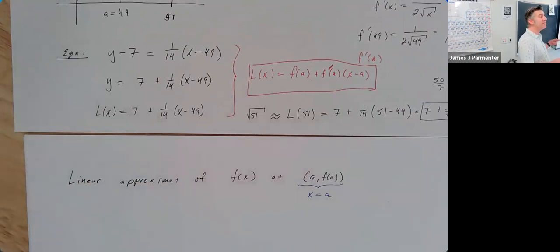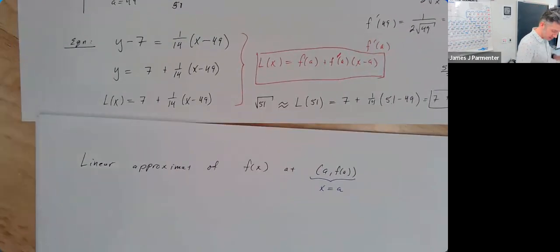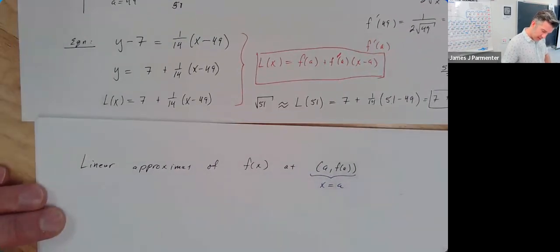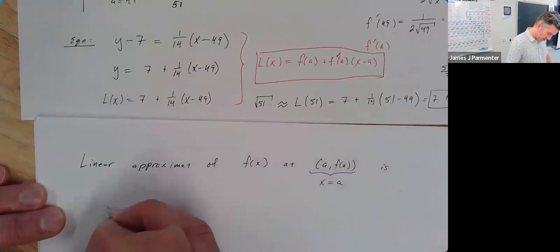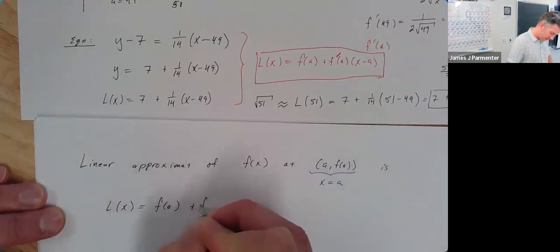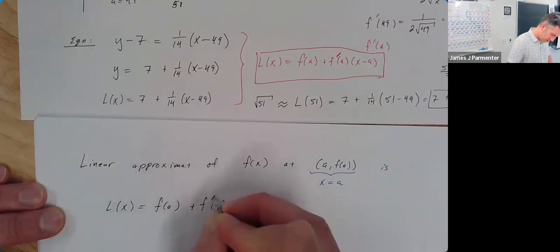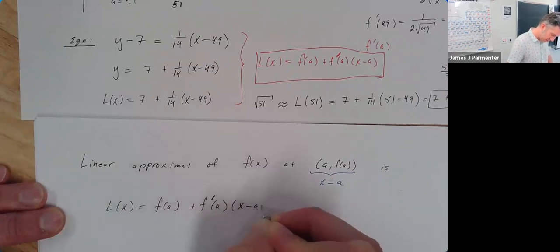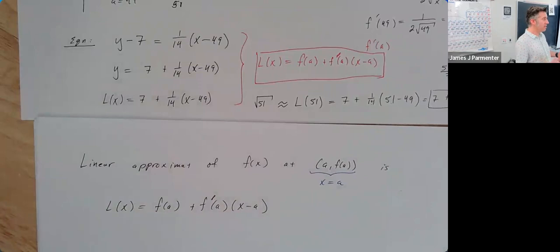They might not even tell you where to do it, which is harder, but not impossible by any means. It is what we just wrote down. L of x is equal to f of a plus f prime of a times x minus a. A is the number that you're actually using. X is the variable that you're going to plug in at the end after you've done everything else.